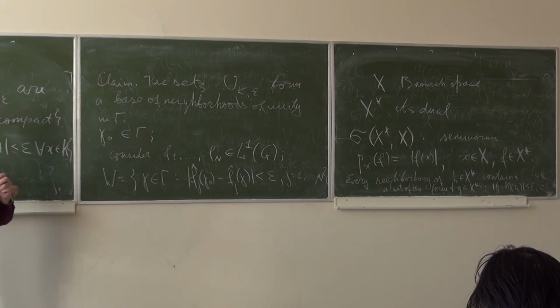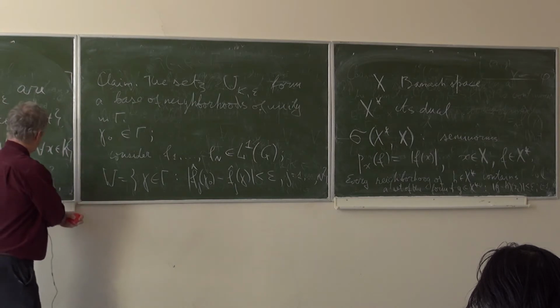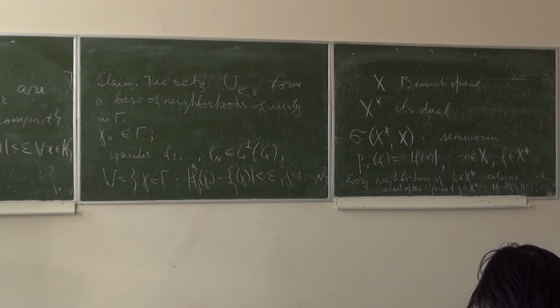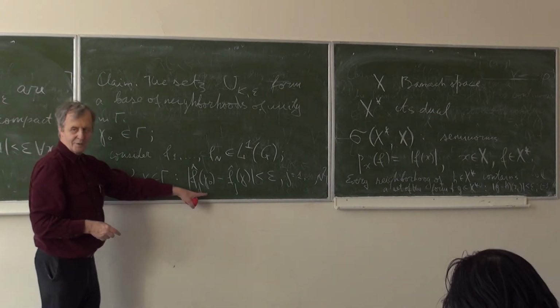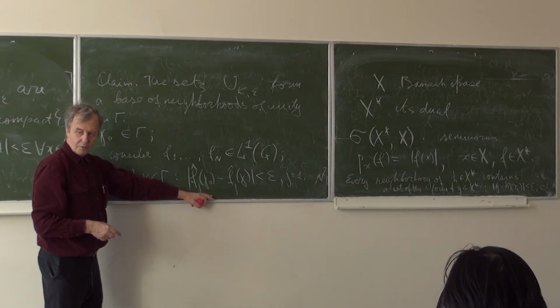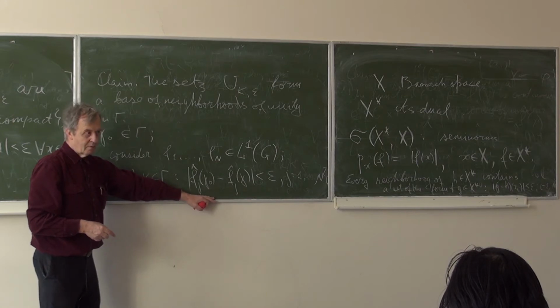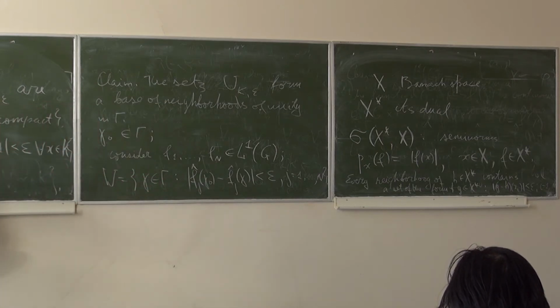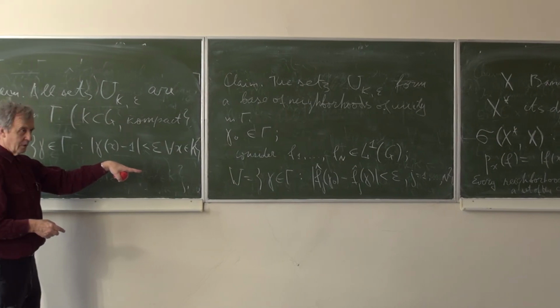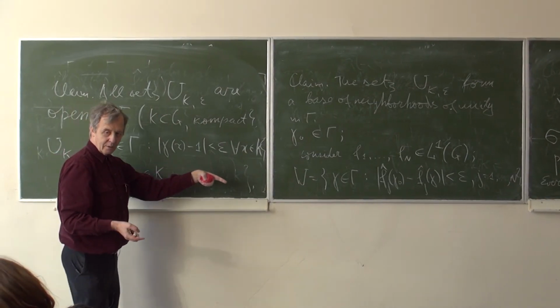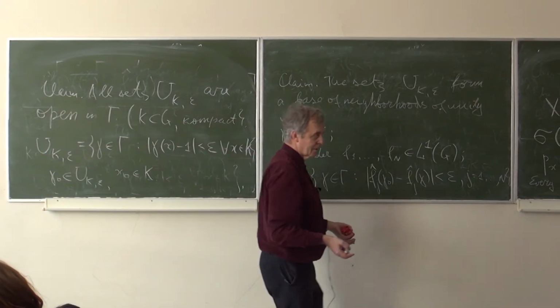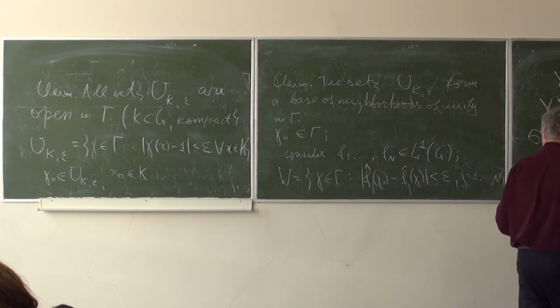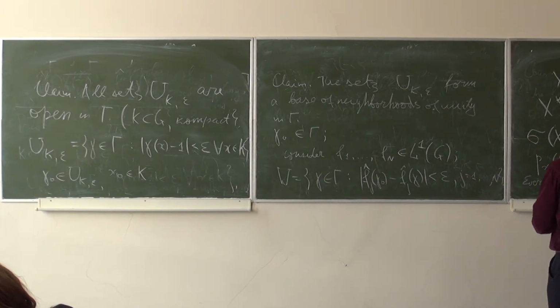So these are basic neighborhoods, and what we must do is find some neighborhood of this form in each neighborhood of this form. Given a set of this form, we must find some set of this form which is included in that one. And then the claim will be proved.